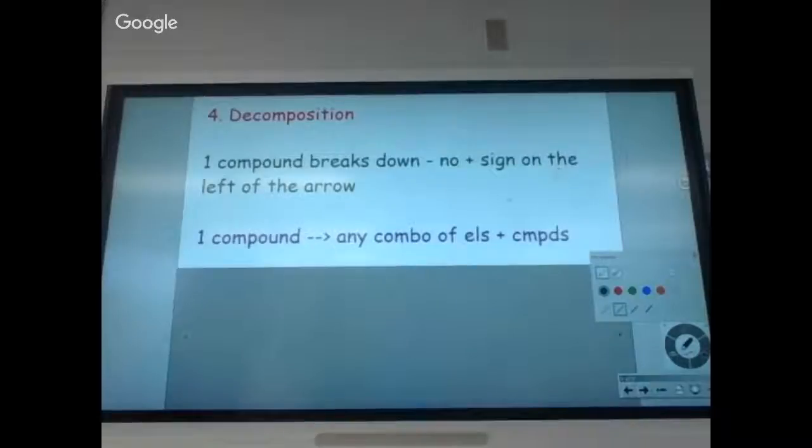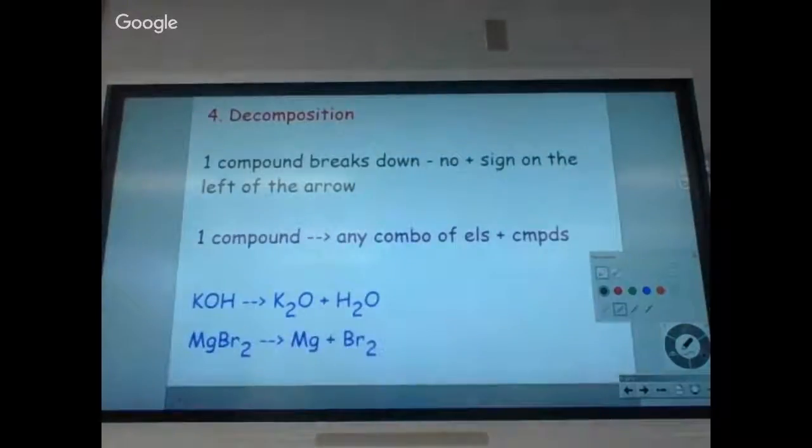So we might see something like those two. Now, this time, we have no plus sign on the left.